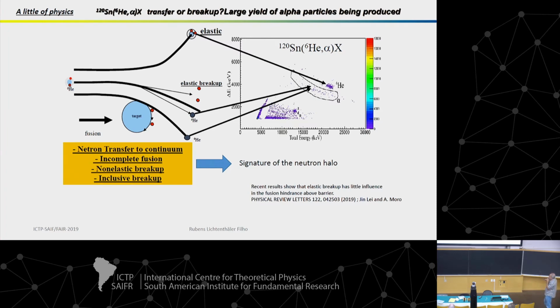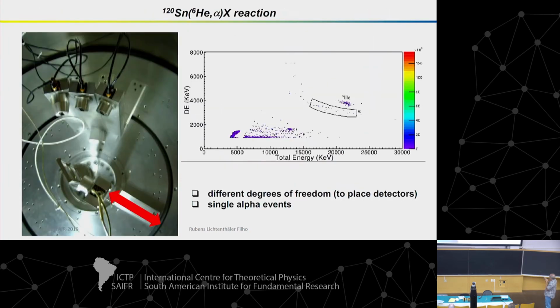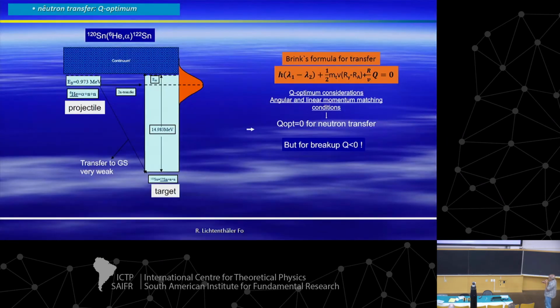So I'll show it in the next slide. The idea is the following. Which kind of mechanism do you have here? You have the projectile, which is helium-6 in its ground state. It's a loosely bound projectile, so you need very low energy to break it. And you have the target, which is the 120 tin.